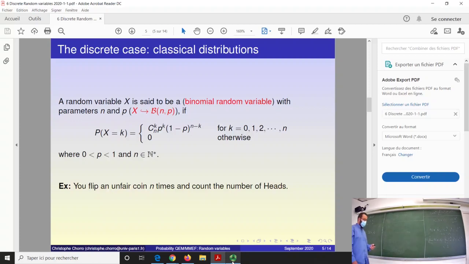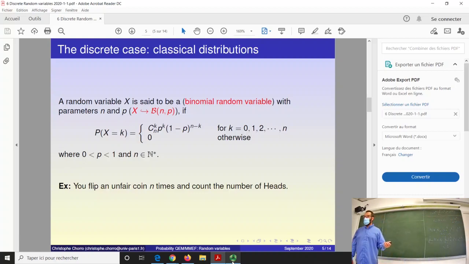We are going to flip an unfair coin n times, writing the probability to obtain head equal to p and the probability to obtain tail equal to 1 - p, and we are interested in counting the number of heads. I count the number of heads I obtain flipping n times the same unfair coin.